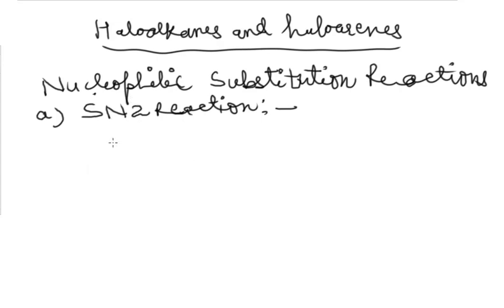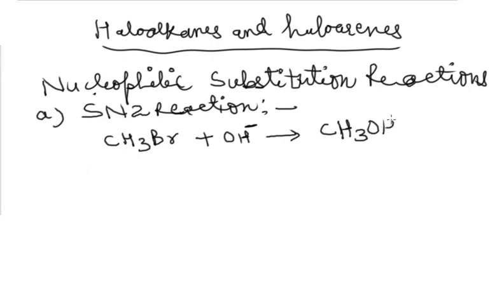Now let us take the example. For example, we have CH3Br. Now OH minus is the nucleophile. We get CH3OH plus Br minus, this one is eliminated.